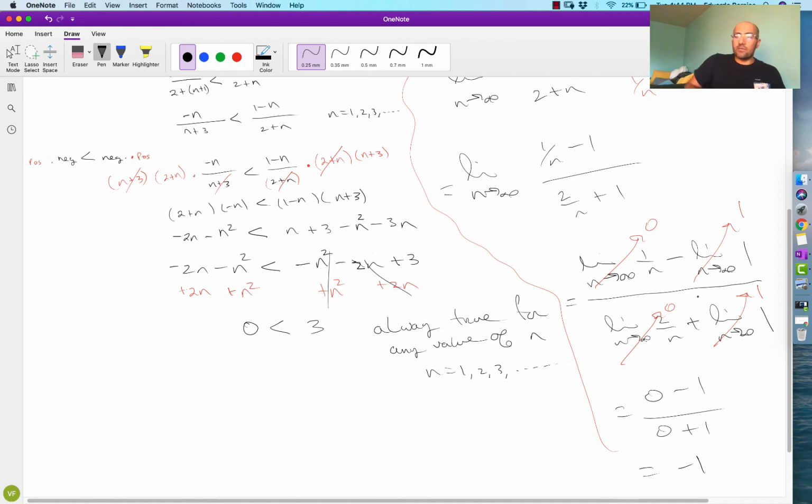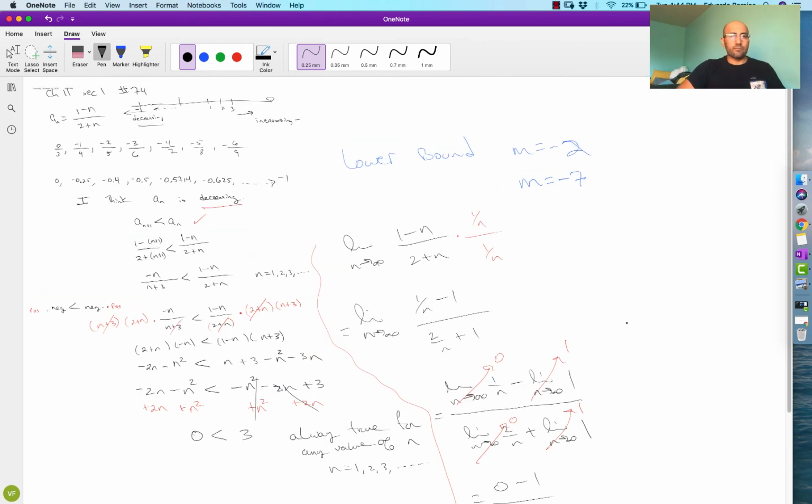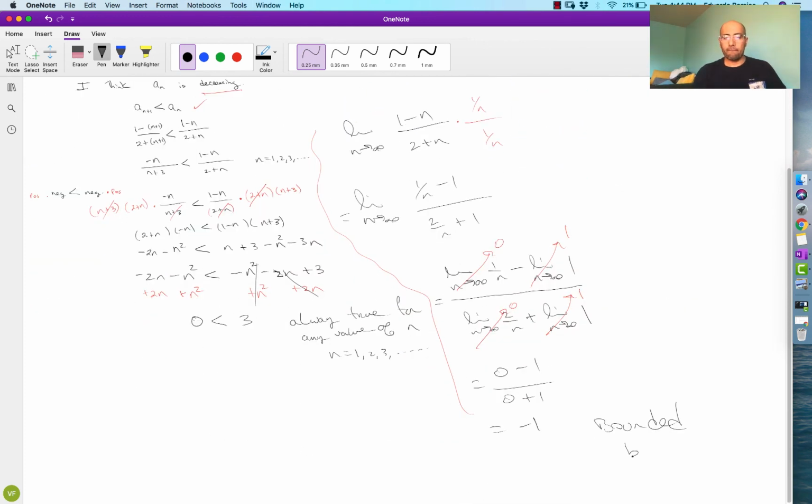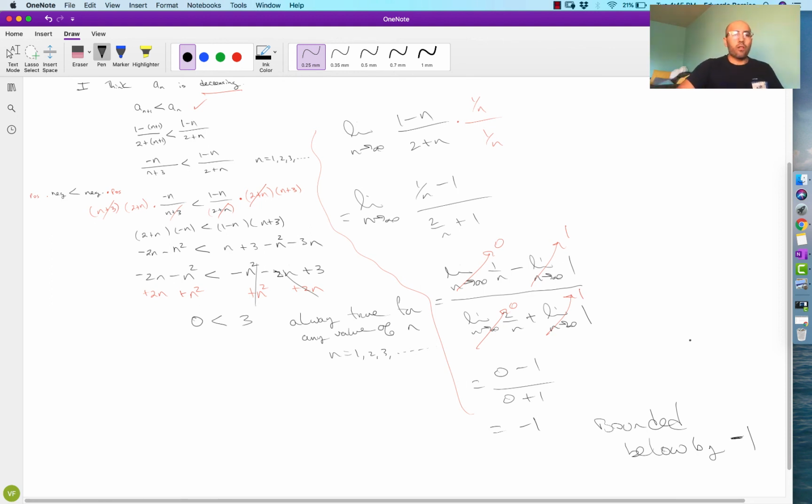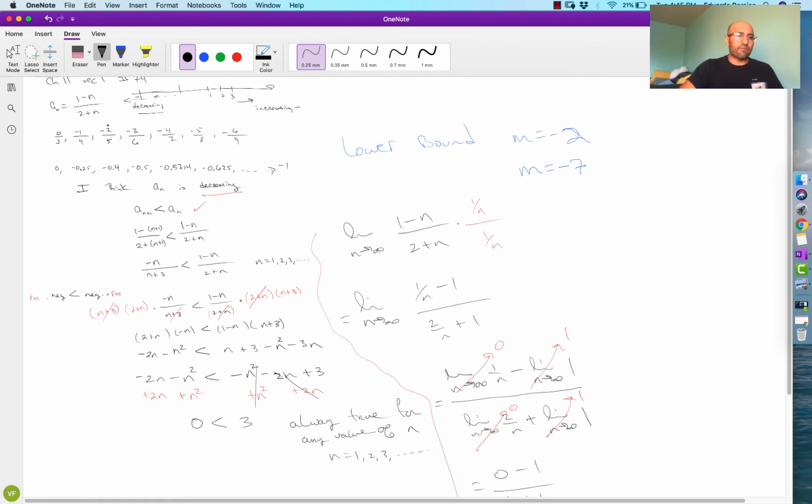So I know that the sequence is going to converge. It's bounded below by -1, and it's bounded above by, well, except for 0, all the terms are negative, so it's bounded above by any positive number.